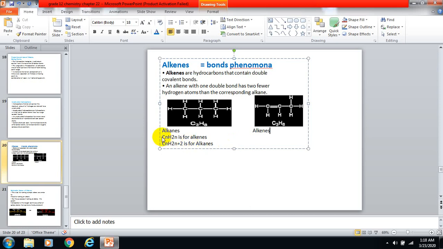Now look, this formula is for this one, and this is for alkanes.